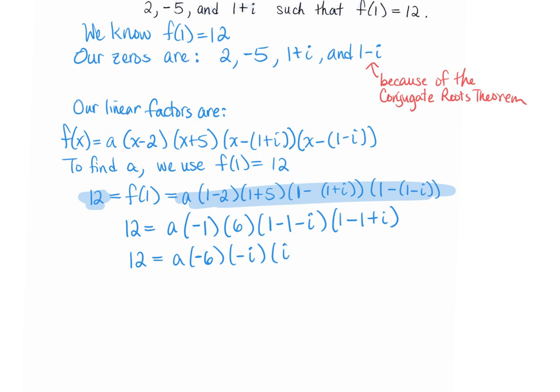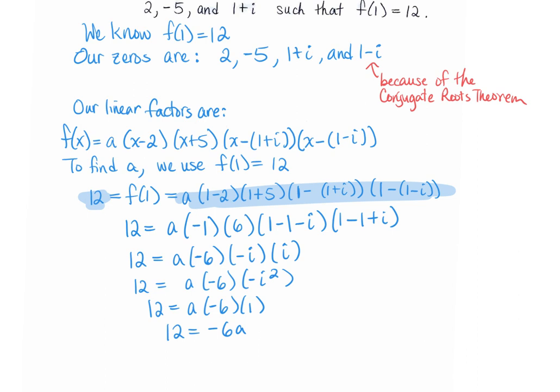So what's negative i times i? Negative i squared, right? And we know i squared is equal to negative 1. So negative i squared is 1. Very good. So you have 12 equals a times negative 6 times 1. On the right-hand side, we really have negative 6a.